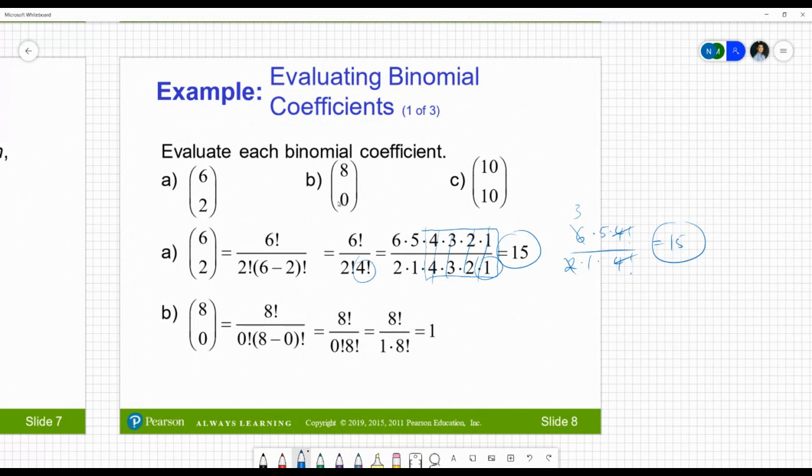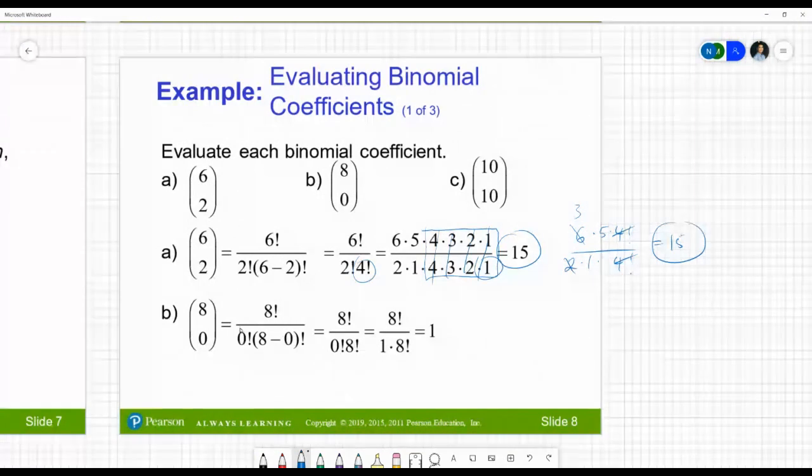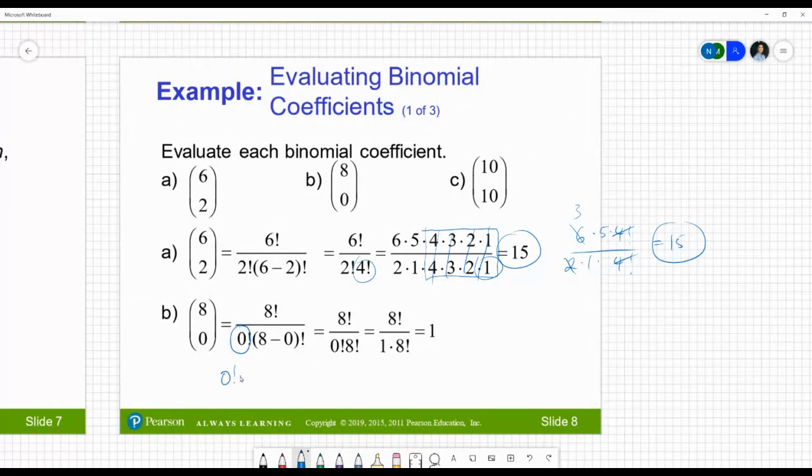8 choose 0. Here I want to show you an important fact: remember that 0 factorial actually equals 1, not 0. That's a very common mistake. We need this to be true in order for the formula to work. So here we have a factorial over a factorial, which equals 1.